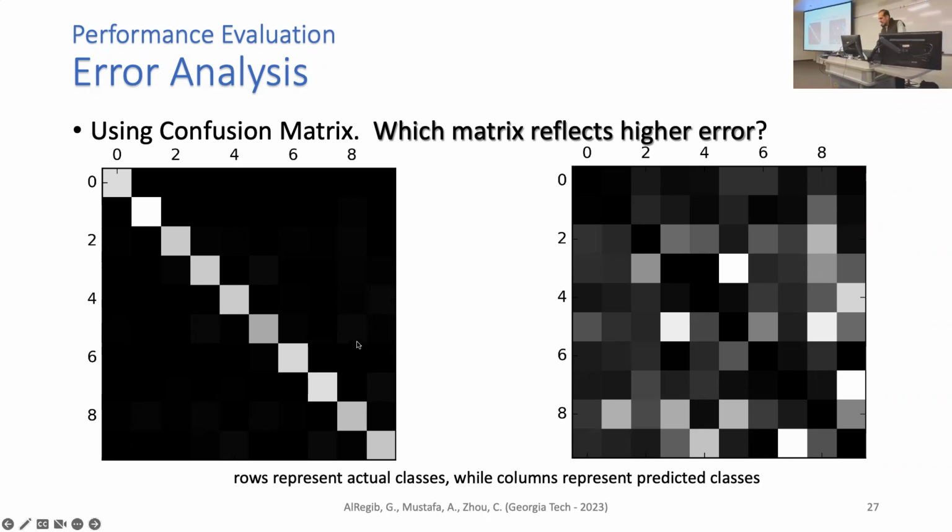And now the other thing is this 8 and 5. Let me see. Yeah, let's look. I'm confusing the 8 with the 5 in here. I'm looking at the 5 and the 8, right? So compare this one to this one, right? They're not symmetric, right? The way I'm confusing 5 with 8 is not the same as the way I'm confusing 8 with 5. So that's another way to look at this, right?